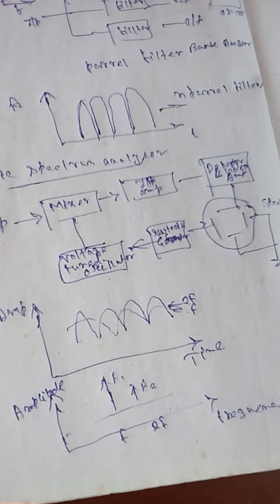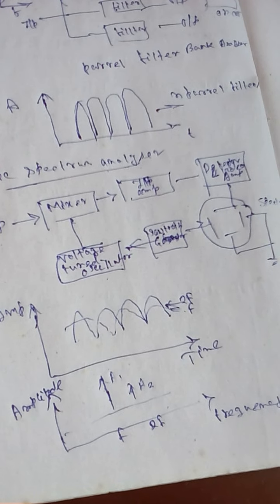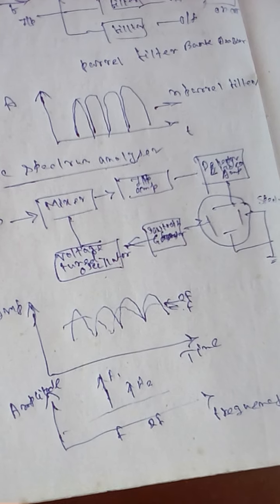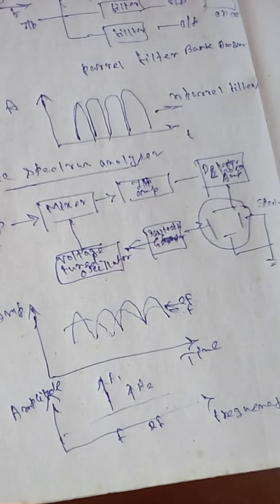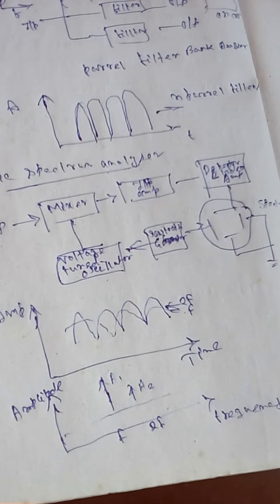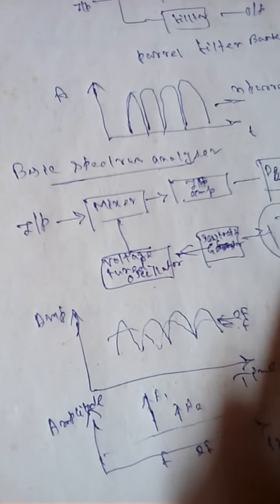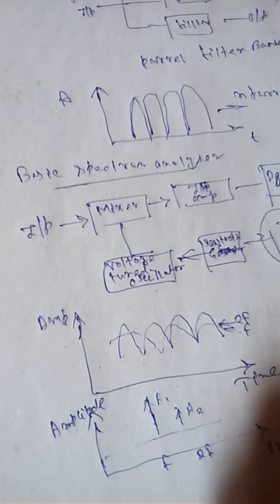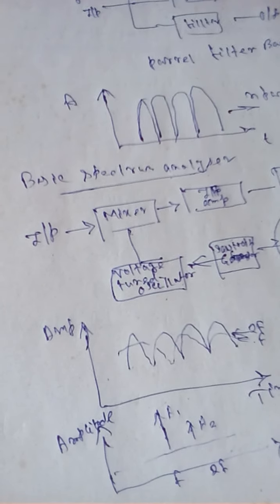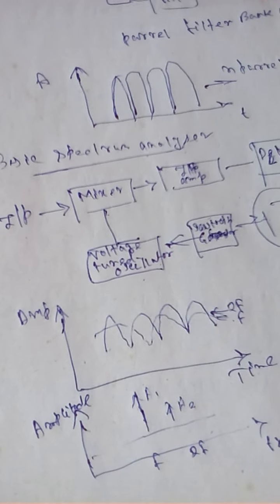The frequency component and the voltage tuned oscillator frequency beat together to produce a different frequency, the IF, meaning intermediate frequency. This is amplified and detected if necessary, then applied to the vertical plate of the CRO to produce the display. So this is the basic spectrum analyzer we have shown here.